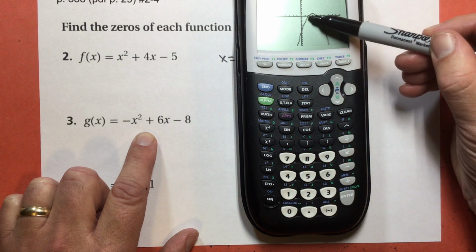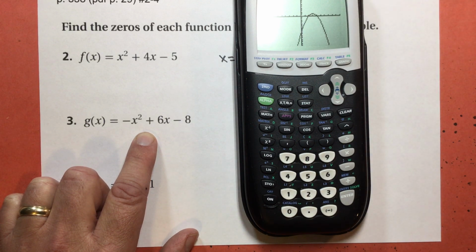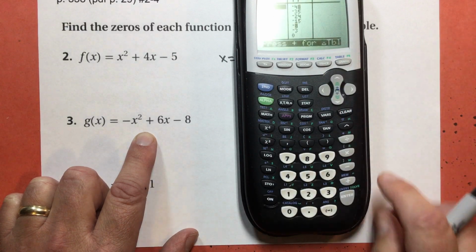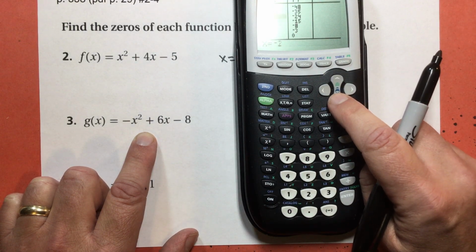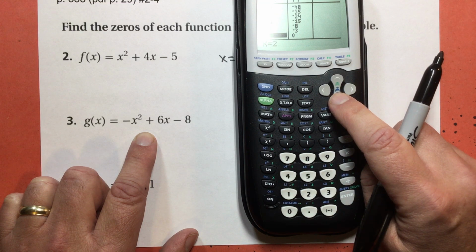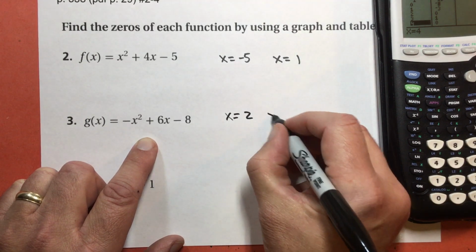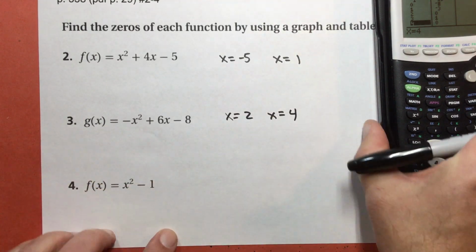So it crosses about here and about here, and there is a way to do it with the intersection. Since you're probably going to use Desmos anyway, you would just tap on it. Let's look at it on the table, second table. And it looks like one of the zeros is 2, and the other zero is 4. So x equals 2, and x equals 4.